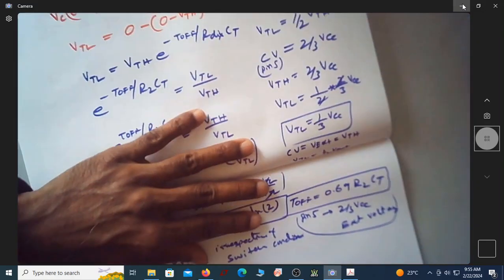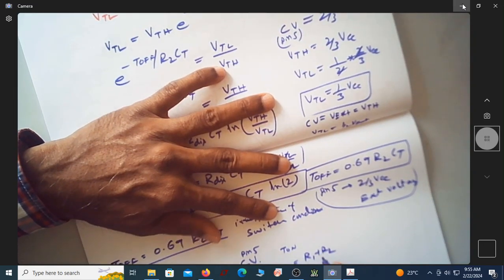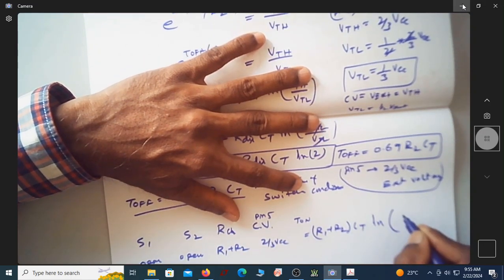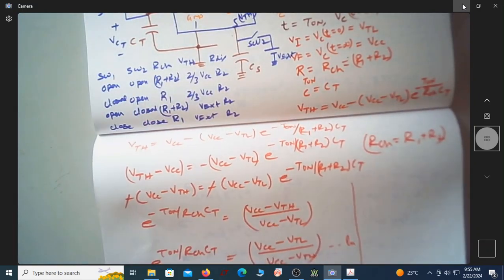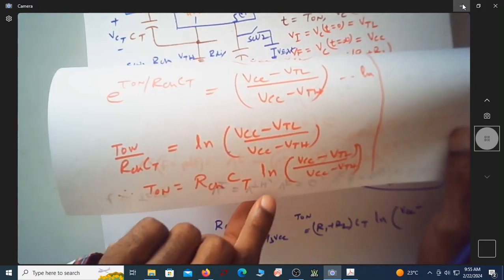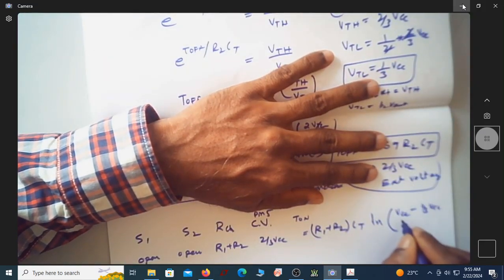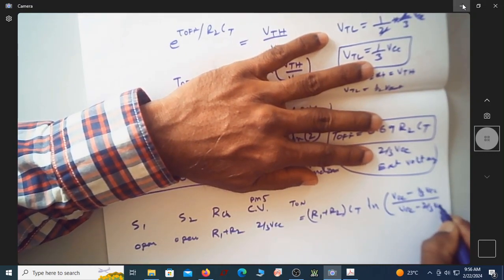Correct? So it is R1 plus R2 into CT ln of VCC minus VTL over VCC minus VTH. Is it 1/3 VCC? So this is VCC minus 2/3 VCC.